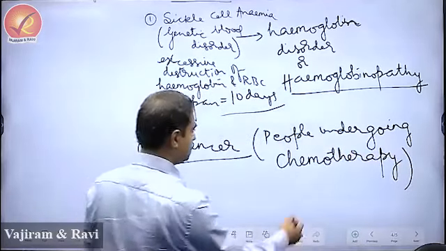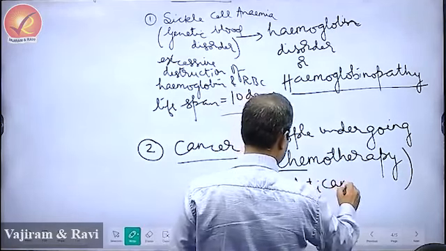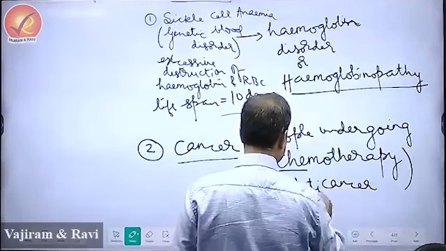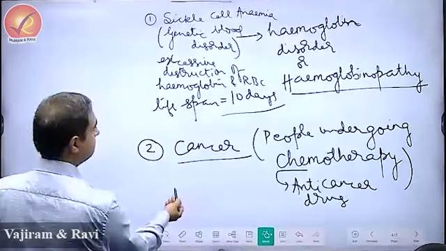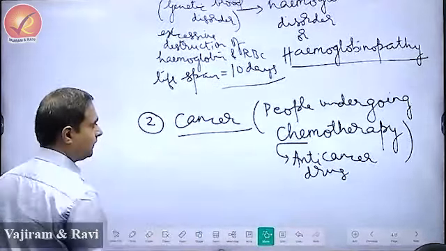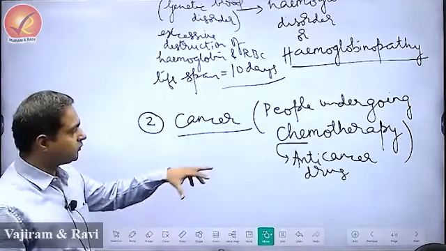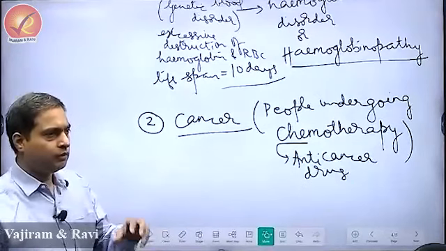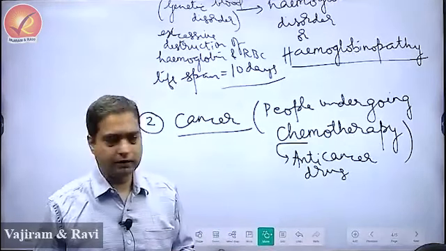Chemotherapy means taking anti-cancer drug molecules. So these anti-cancer drug molecules, when a cancer patient has to take them, what is their role? Their role is to destroy the cancer cells, isn't it?